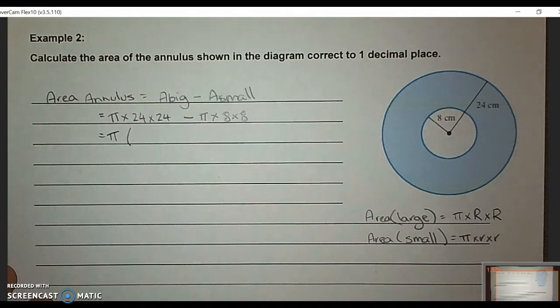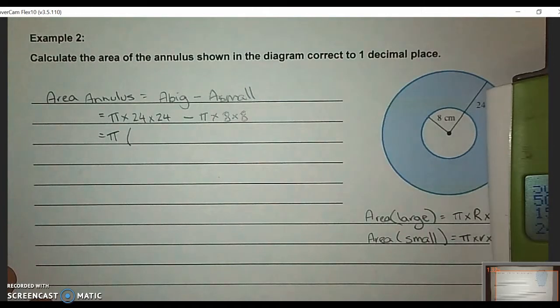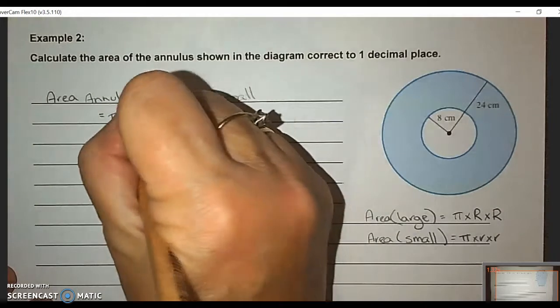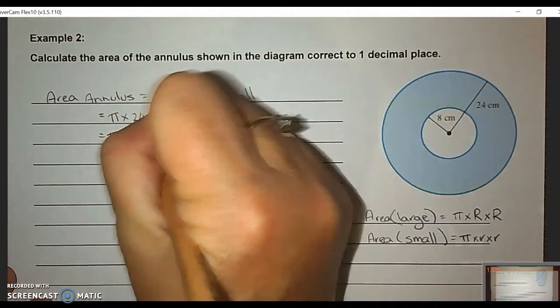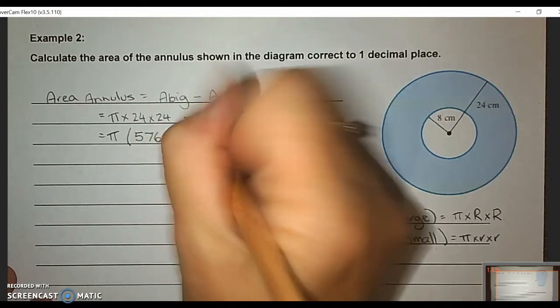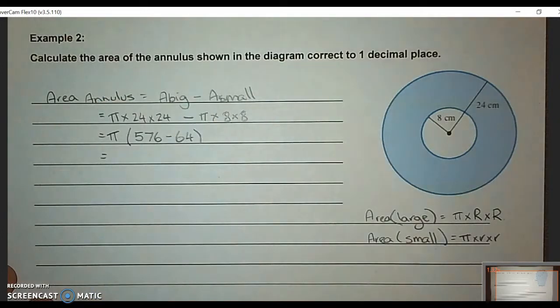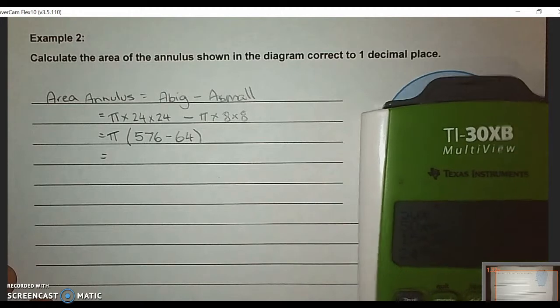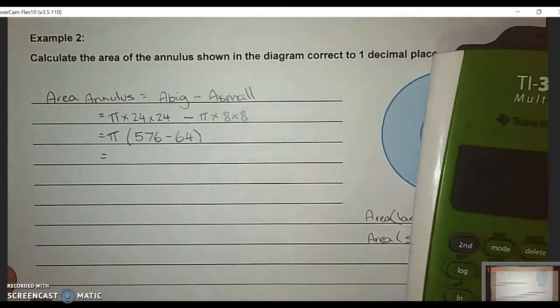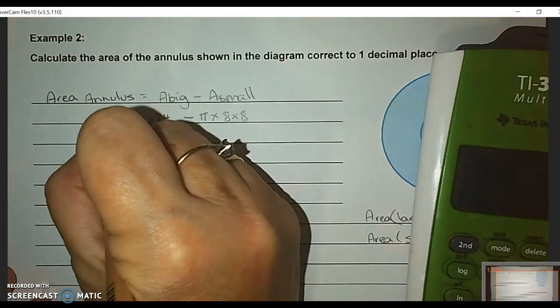Squared, 576. 576 take away 64. 512 times pi.